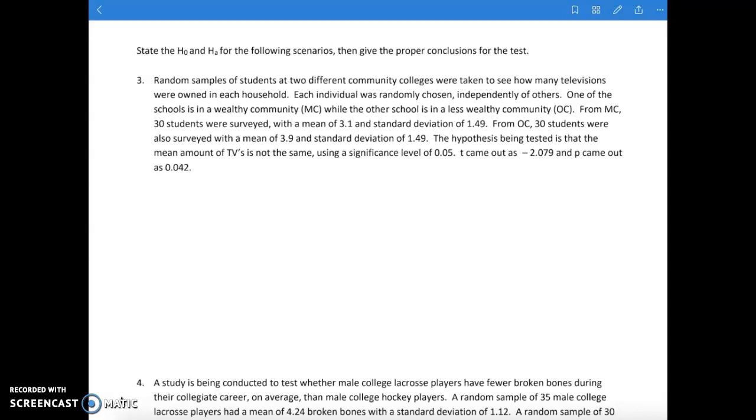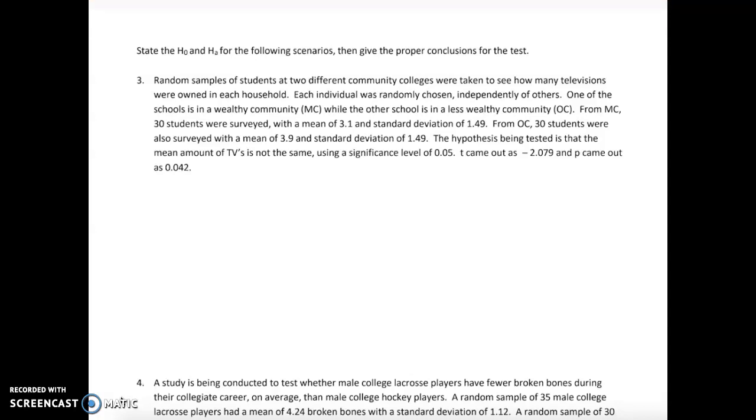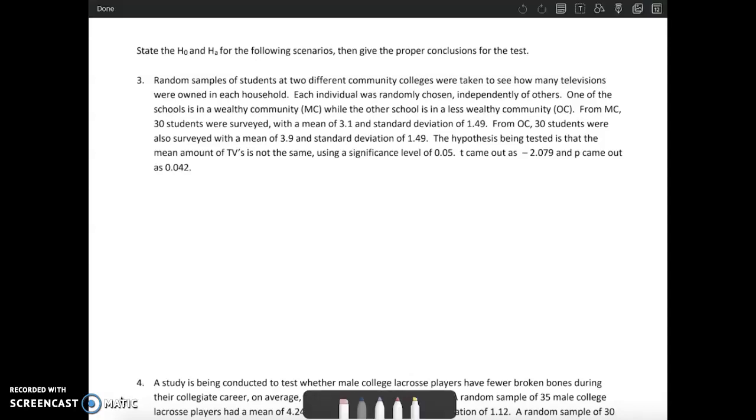Okay, so the first thing we want to do is write the null and the alternate hypotheses. So let's start there. I'll write H sub naught, H sub A. I'm immediately drawn to this phrase that we are testing: the hypothesis being tested is that the mean amount of TVs is not the same.